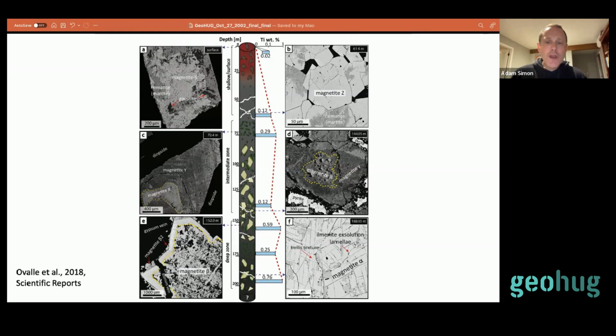In fact, when you look at the magnetite, you can see these ilmenite exsolution lamellae, and the only way for that to happen is that the original magnetite contained a high enough concentration of titanium that during cooling and oxidation, it exsolved initially ulvospinel that then crystallizes to ilmenite. So the takeaway here is that when you look at drill core in IOA systems, there are multiple generations of magnetite recorded in the rock.